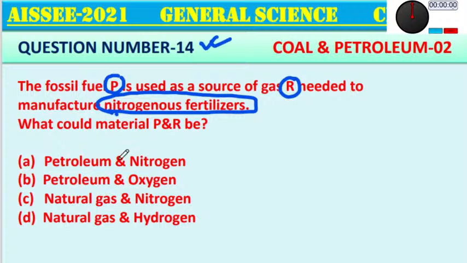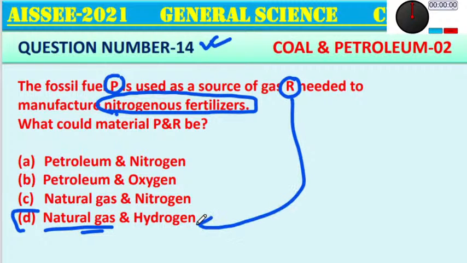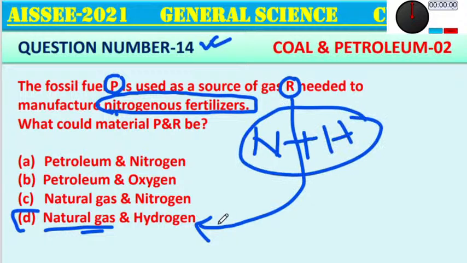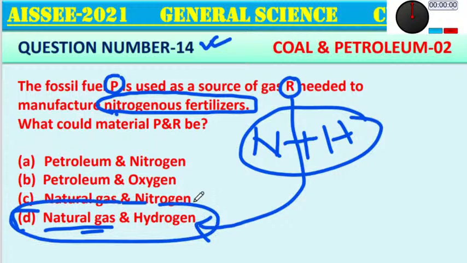That is natural gas, which is used as a source of gas R, and that gas is hydrogen. Nitrogenous fertilizers contain nitrogen and hydrogen, that is N plus H. So the correct answer here is D, natural gas and hydrogen.